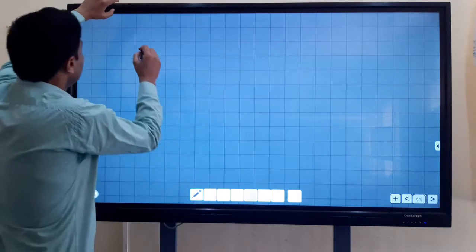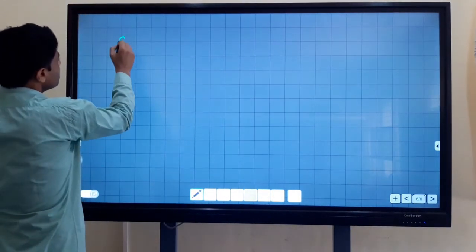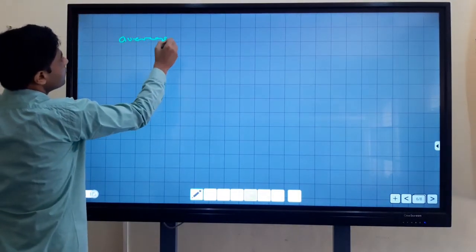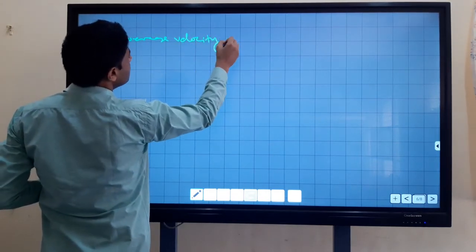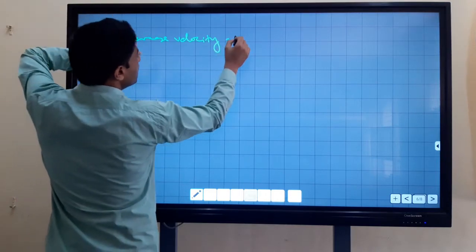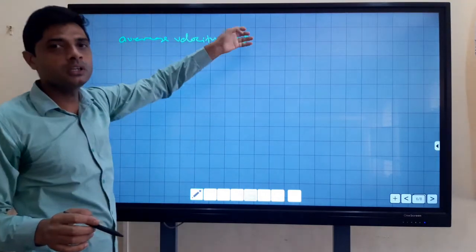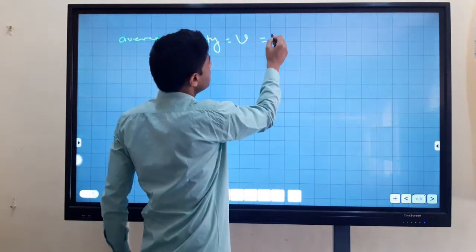So the average velocity V is equal to the drift velocity.